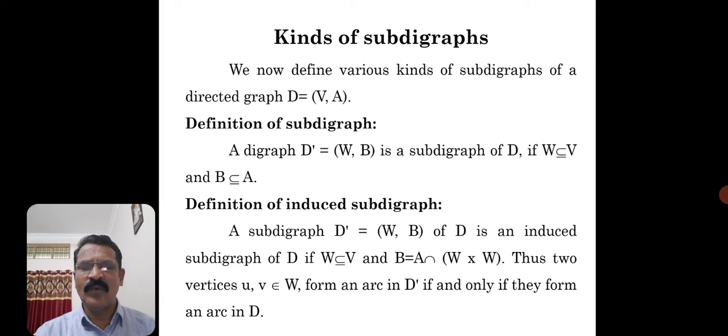If you consider two elements u, v belonging to W, those two vertices make an arc uv, joining from u to v or v to u, in D dash if and only if they form an arc in D. Okay, so this is also another subgraph, and such a subgraph is called an induced subgraph.